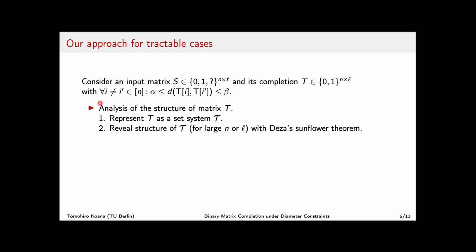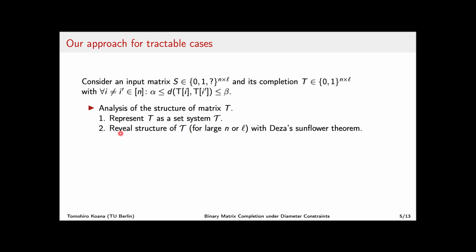Then we first analyze the structure of T. To do so, first we are going to represent the matrix T as a set system. This allows us to use the sunflower theorem, which I'm going to explain later, when the number of rows n or the number of columns L is sufficiently large.